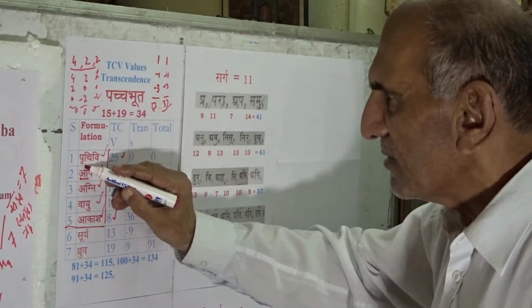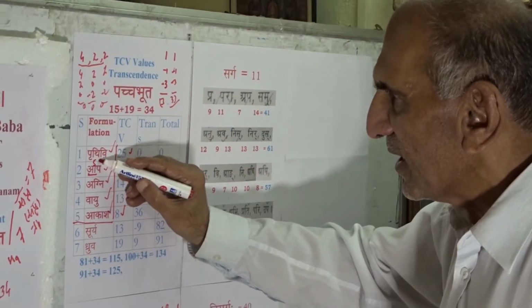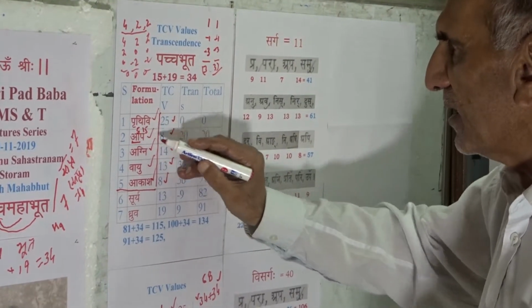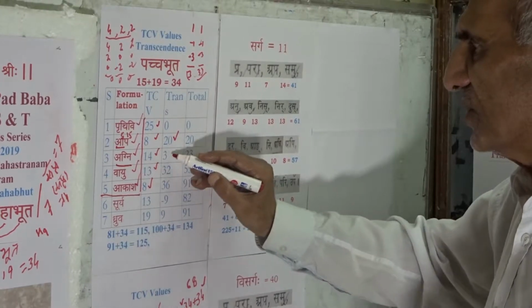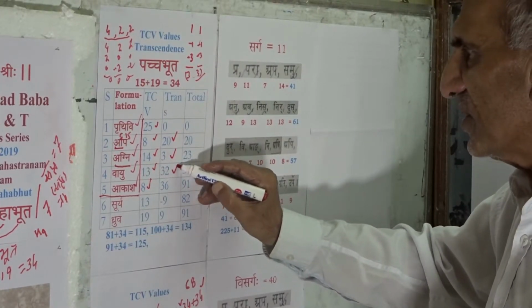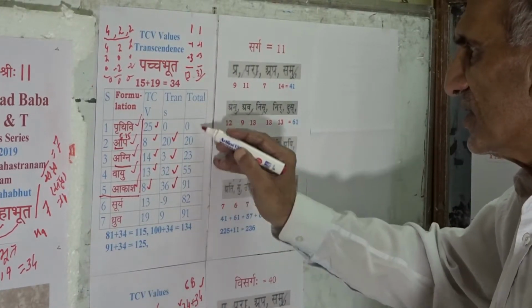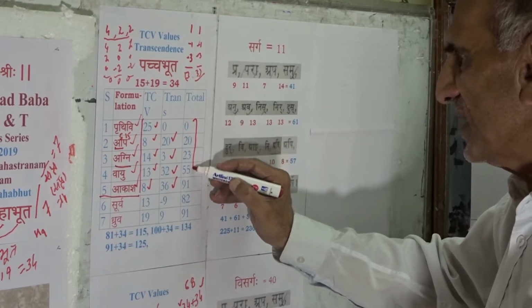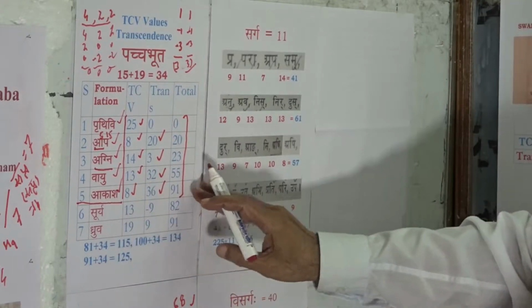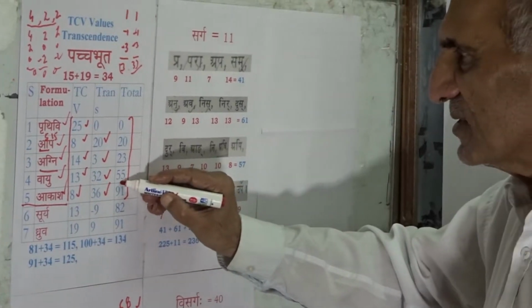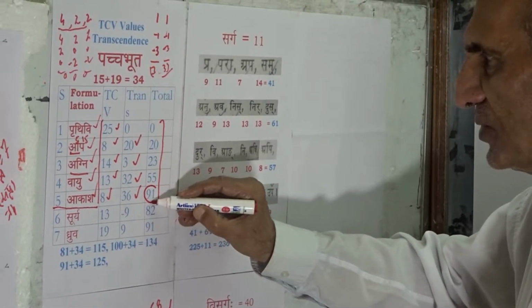So A gives us value 5, and here we are getting value 15, and it makes trans value 20. Agni leads us to trans value 3, Vayu as 32, Akash as 36, and we see these Panchbhut with trans value 91 becomes Mahabhuts.